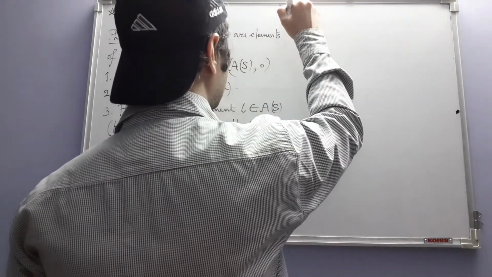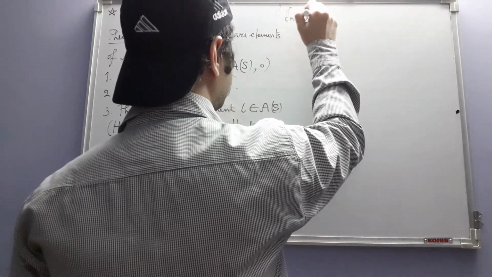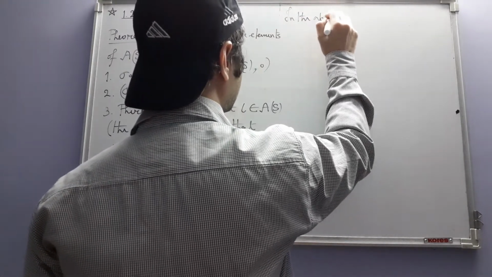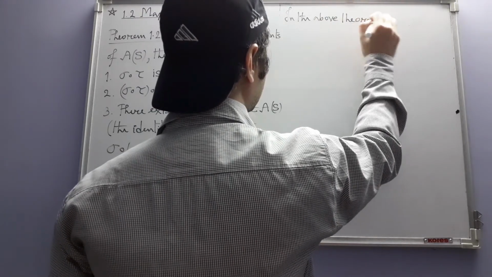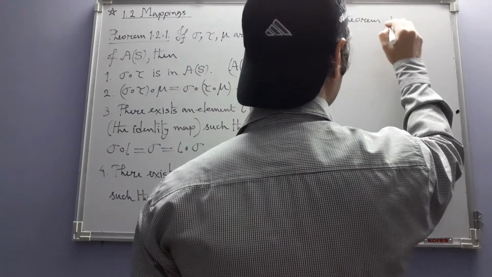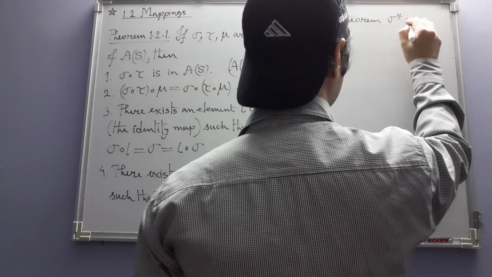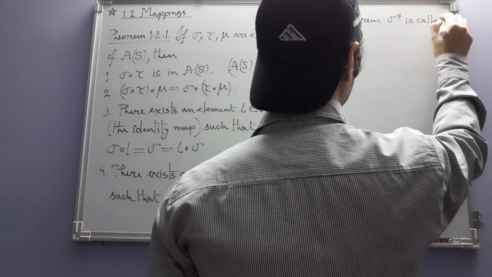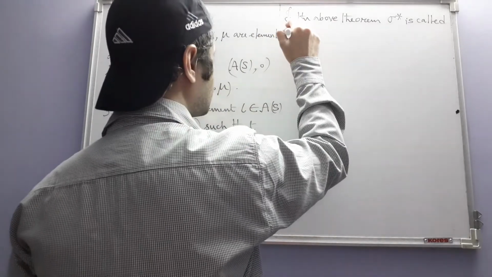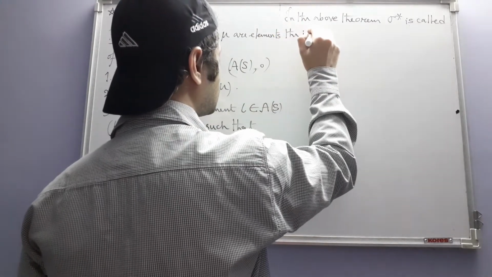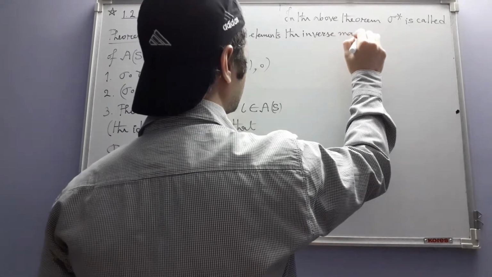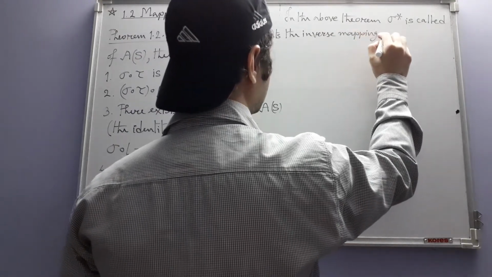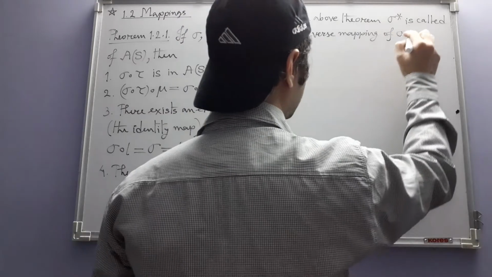Okay, in the above theorem, sigma star is called the inverse mapping of sigma.